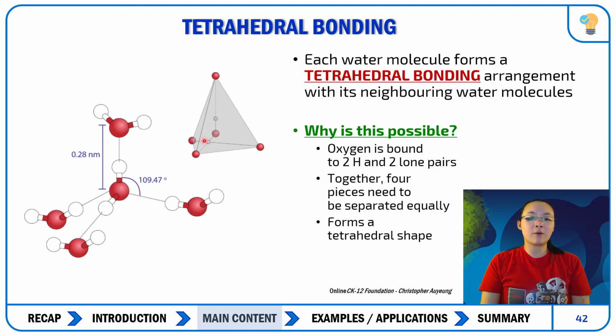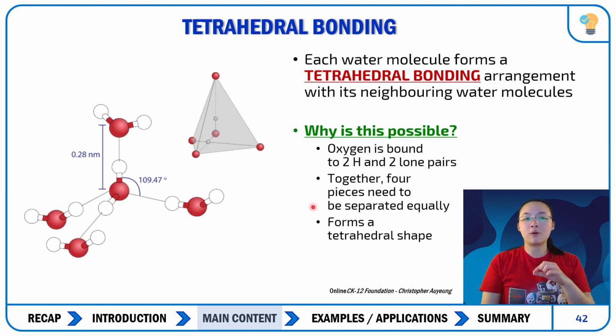So we ask ourselves now, why is this possible? For example, we want to answer why it's possible for the tetrahedral bonding to occur. Oxygen is bound to 2 hydrogens and 2 lone pairs of electrons.